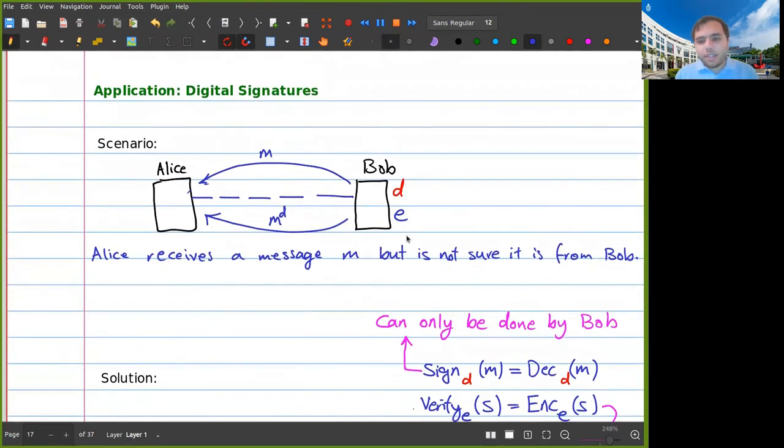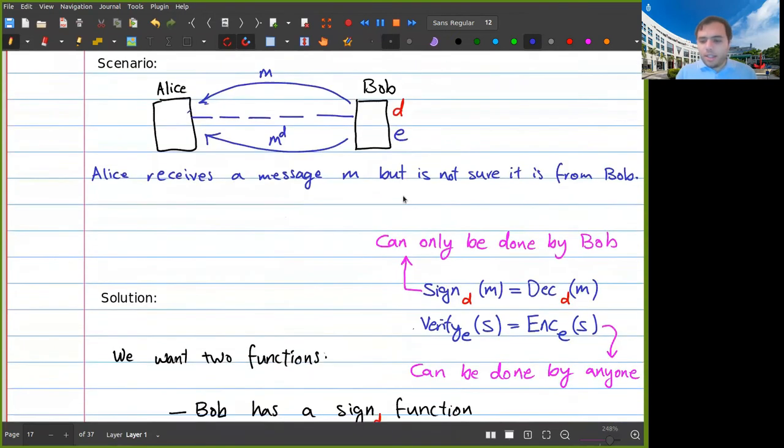And everyone can encrypt messages and send these encrypted messages to Bob using this public key, but only Bob can read these messages and decrypt them using this private key. And when we were talking about digital signatures, we talked about this idea that we want only Bob to be able to sign something, but then when Bob does the signature, we want everyone else to be able to verify it.